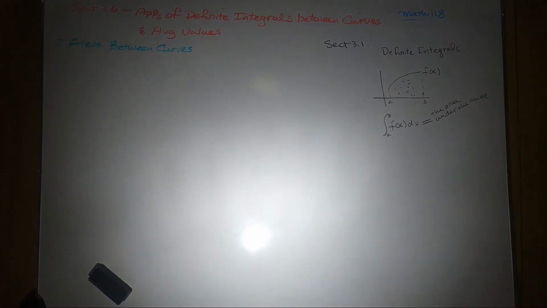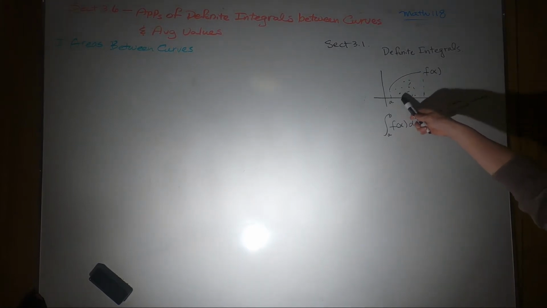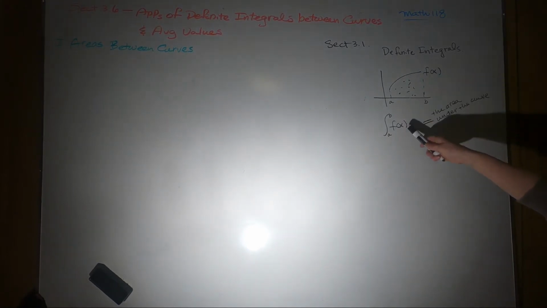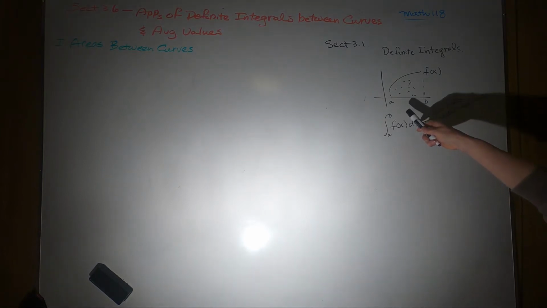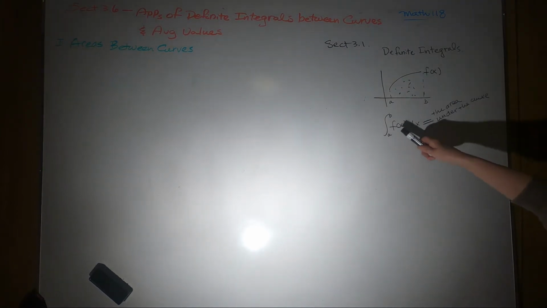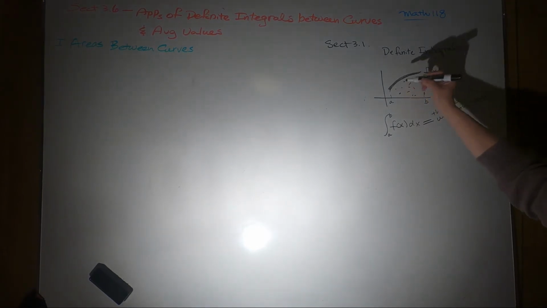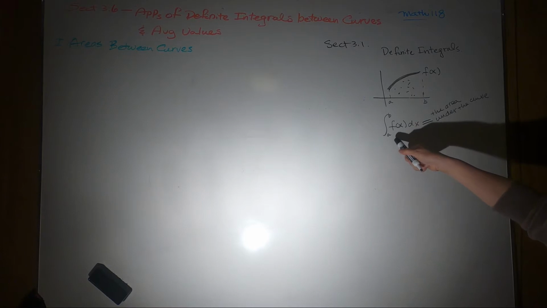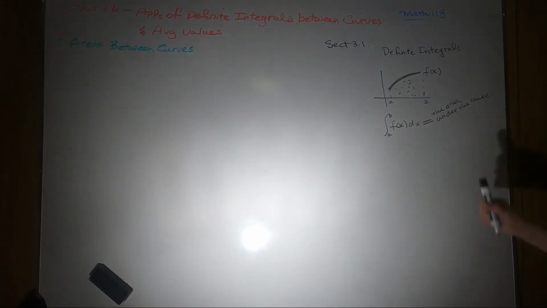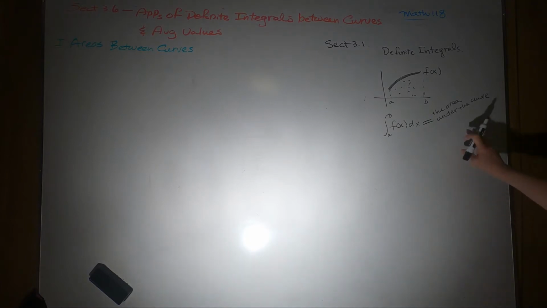So if I wanted to find the area under the curve, I can just take the antiderivative of the function for the definite integral from a to b, and I end up with the same. That's what section 3.1 was saying.